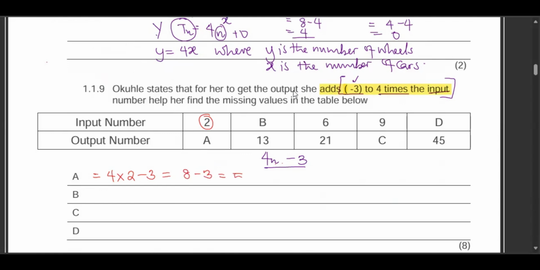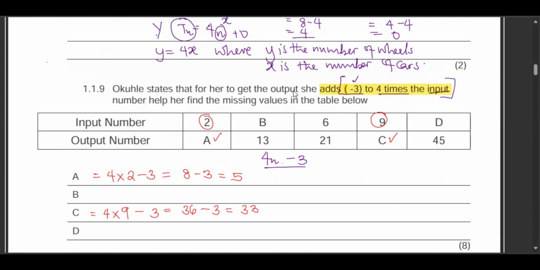And the answer becomes 5. What about B? Okay, let's first do the ones that are here. A is done. We have also to look for C. C would be 4 times, what's the number up to C? It's 9. So 4 times 9 minus 3, which gives us 36 minus 3. And the answer becomes 33.